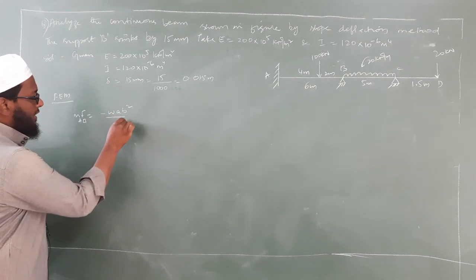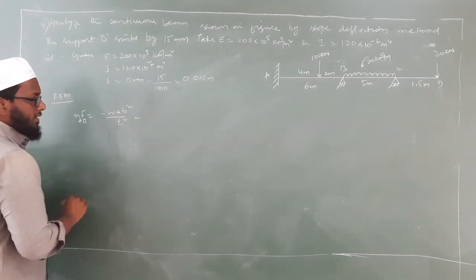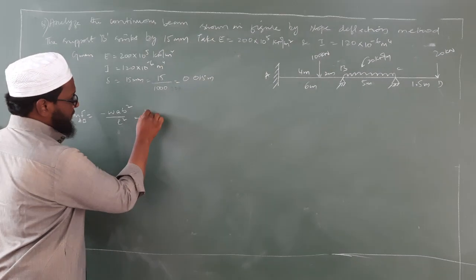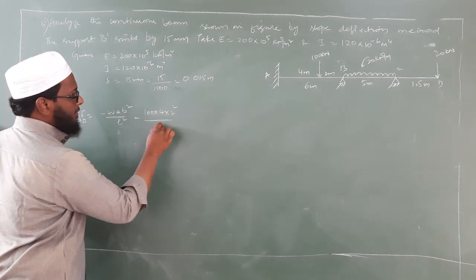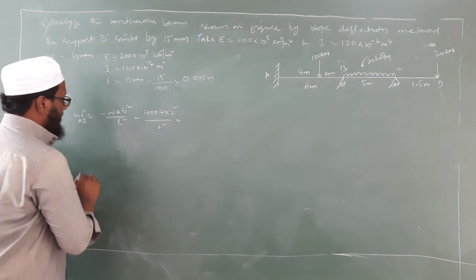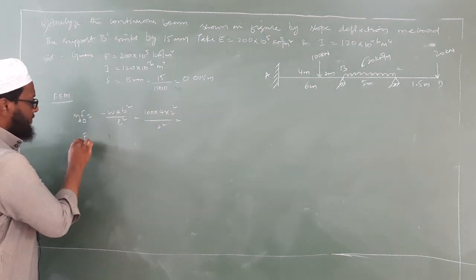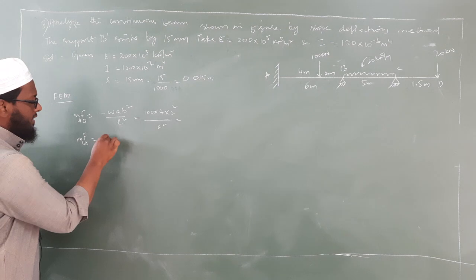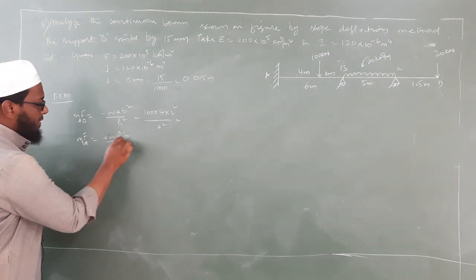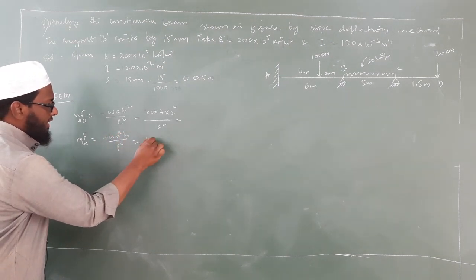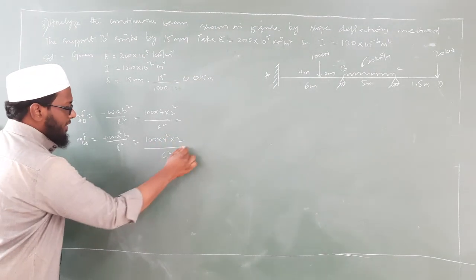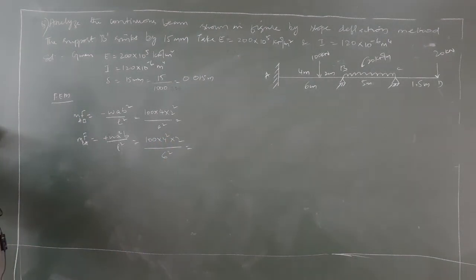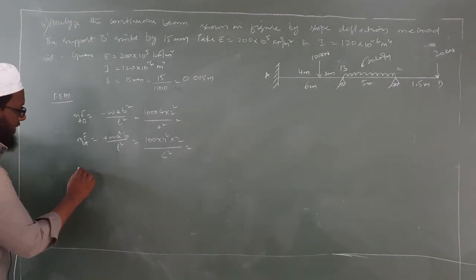So W is 100 into 4 into 2 square by 6 square. Similarly, MFBA is equal to plus WA square B by L square, that is 100 into 4 square into 2 divided by 6 square. You get the values?